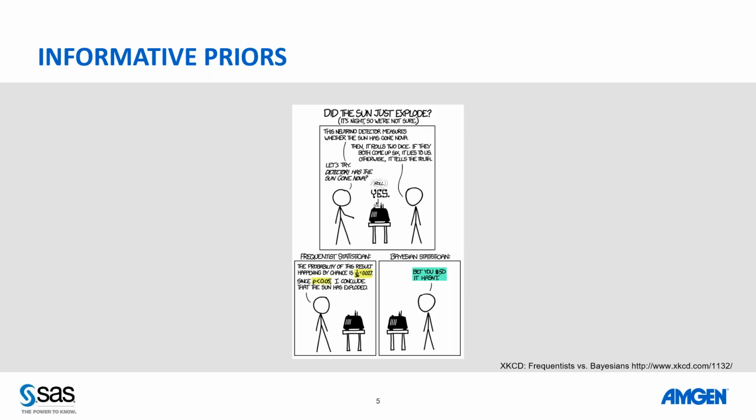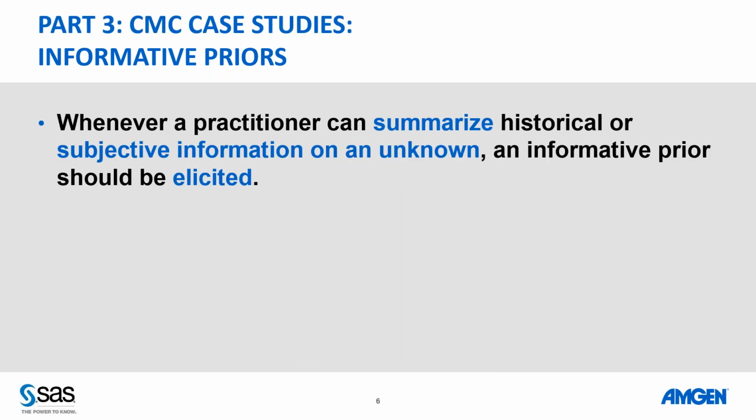We have thousands and thousands of sunrises in history, maybe billions of sunrises. That's a truly informative prior, and that's what the Bayesian is betting $50 on. We may not have billions of data points, but in CMC, we do have a lot of historical data that can be used to generate good, quote unquote, informative priors.